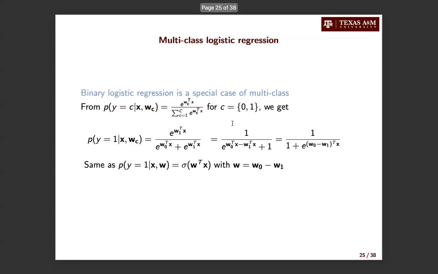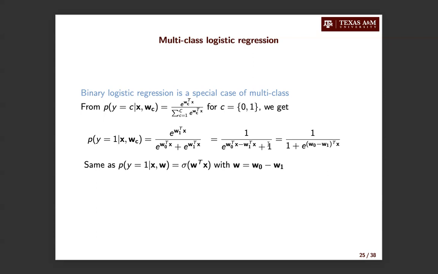If we substitute this probability based on the equation from the softmax function, and we substitute the values W1 and W0, then we can multiply both the numerator and the denominator of this fraction by the exponential of minus W1 transpose times X. When we do that, the numerator becomes 1 and the denominator becomes in this form.